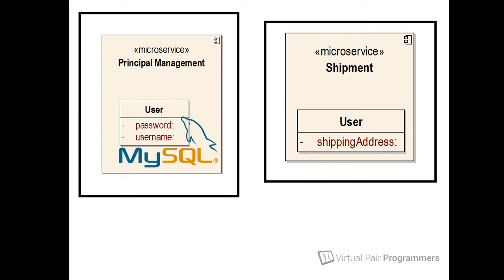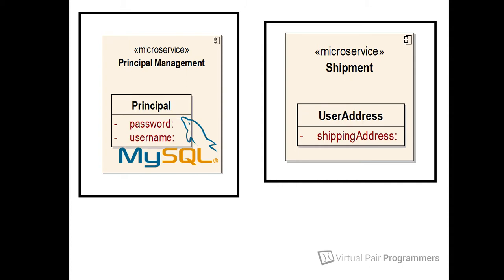So we might have a user table in here as well, albeit containing a different subset of data. We might not call the tables user in this microservice. It might be better to call that table principal, and in here, the table might be called user address. I don't really know.